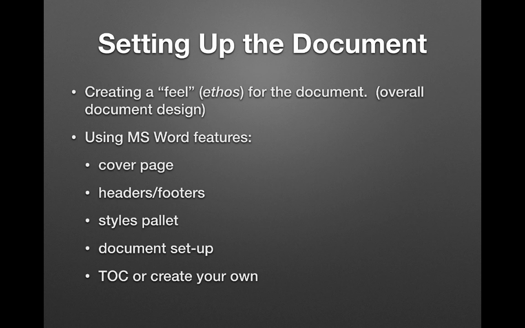But some of these elements, once you get those set up, you'll feel this cohesion with this document, even though there's no real content yet. And so that has a sense of satisfaction and a sense of overall purpose in this document.